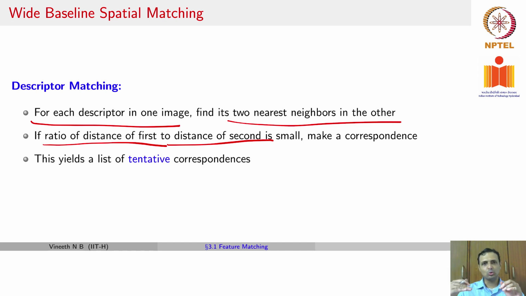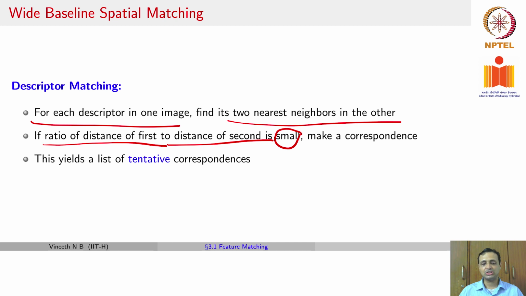If the ratio between the two is 1, it means both are equally good matches. If in one case the distance is very low, but in the second case the distance is very high, you now know which of them is significantly closer. You can threshold to find out which of them are strong matches. So whenever this ratio is small, you know that you found a very strong match, because the second nearest distance is very far away. That's what this ratio would measure.